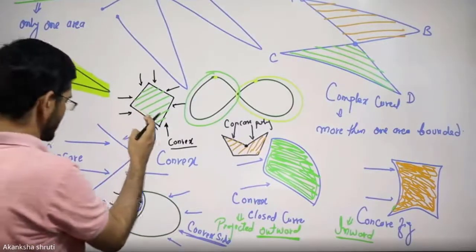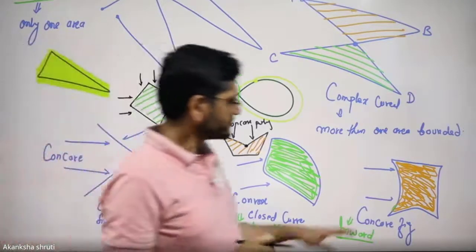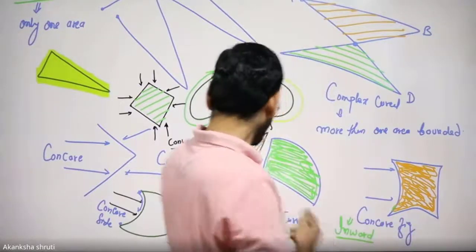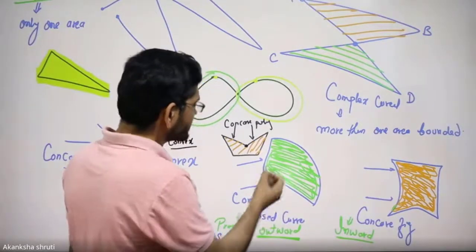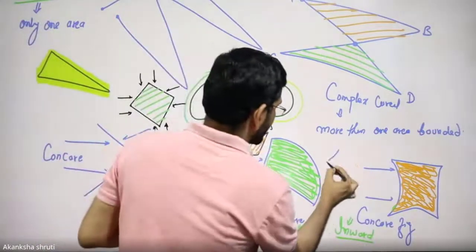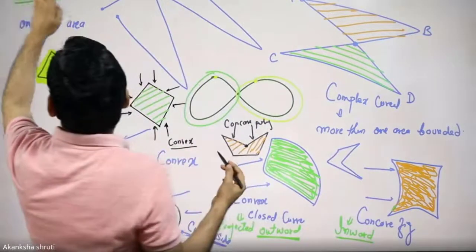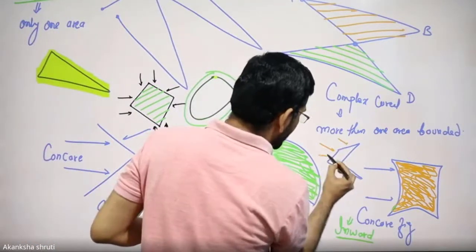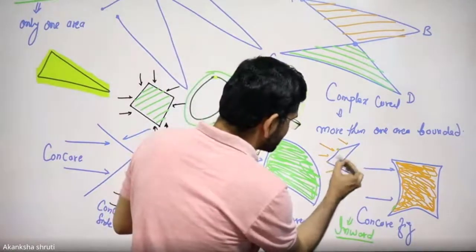This convex or concave need not be made of straight lines, it can be a curve, like here it is. So here we are getting these concave polygons. It may be possible that convex and concave are both present, like here it is convex on this side, but if I make it like this, then here we can see these sides are convex, because this vertex is projected outward with respect to these sides.